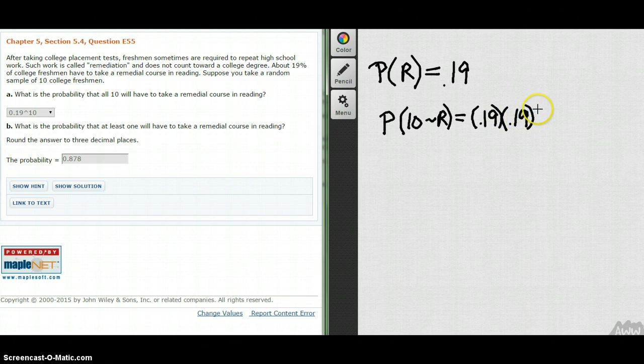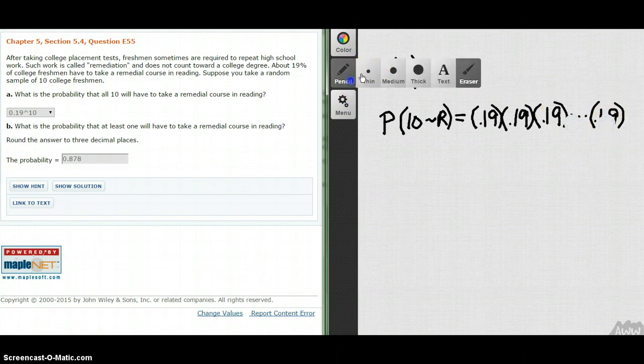Then we look at the third person that we sampled. They would also have that 0.19, and by the extended rule of multiplication, we can simply multiply it, not worry about any condition. Notice that we're going to keep doing that until the 10th person. Let's grab that eraser here.